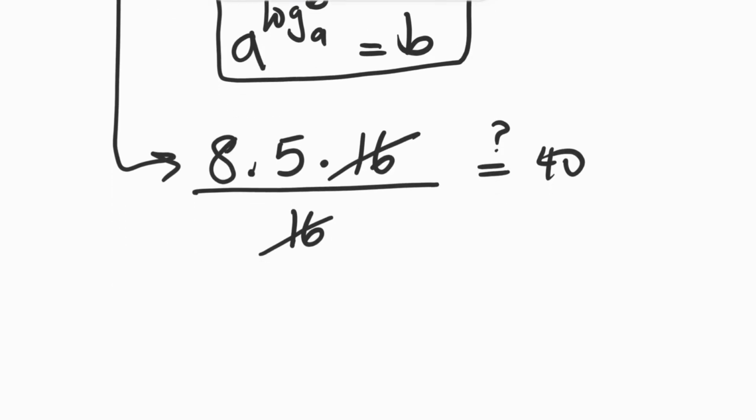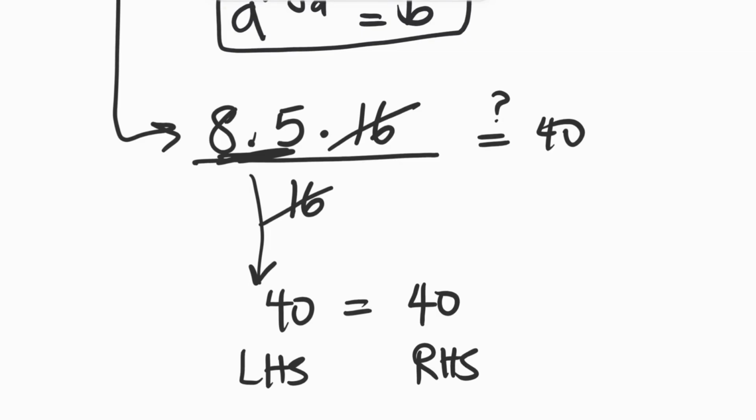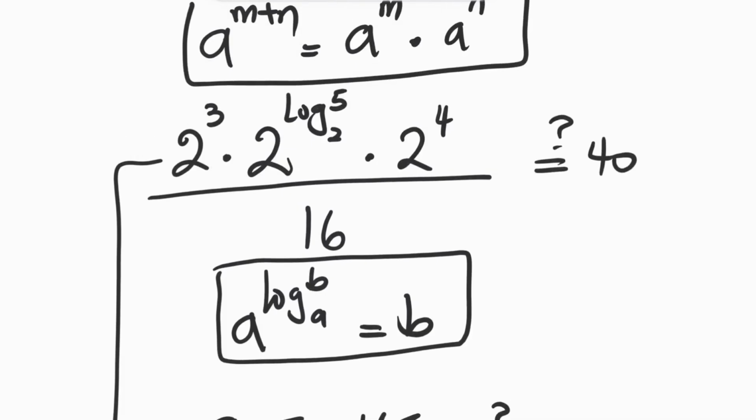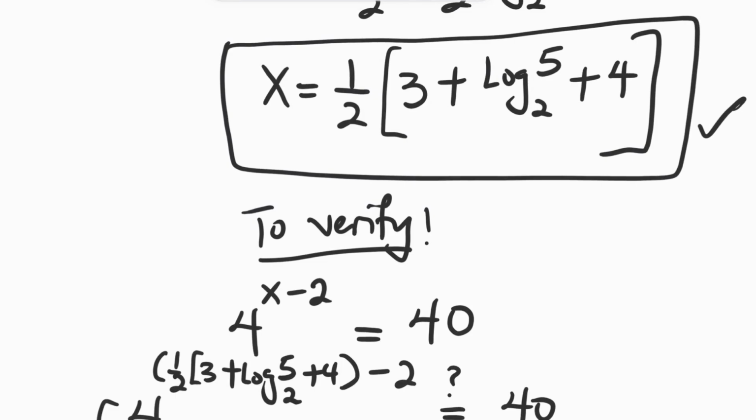What we have left is 8 times 5, and 8 times 5 is 40. So therefore, we see that our left-hand side is equal to our right-hand side. And this simply just indicates to us that our value of x that we got earlier, which is what we have here, is the correct answer for x.